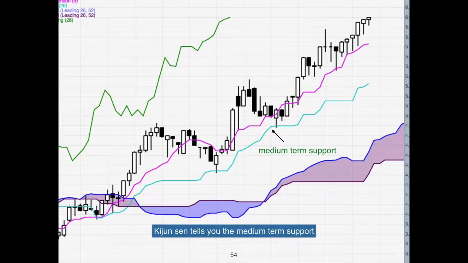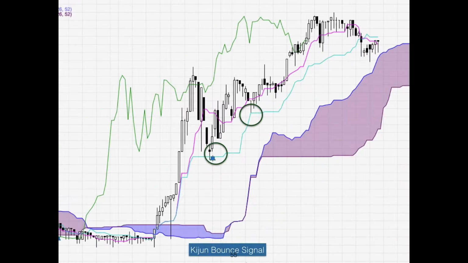The Kijun-sen serves as the medium-term support line. Now, when an uptrending security consolidates and then bounces off its Kijun-sen line, this means that the medium-term bullish trend is still intact. The encircled areas are areas where price bounced off the Kijun-sen.